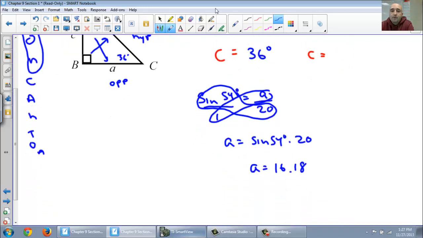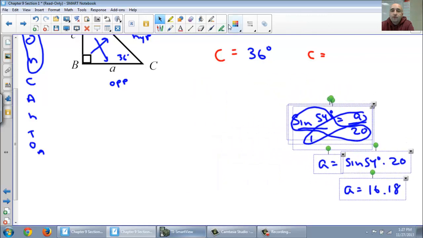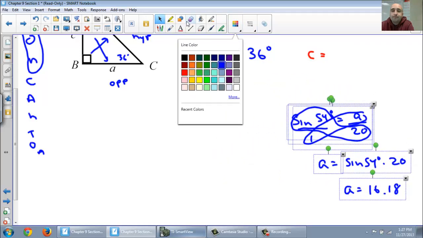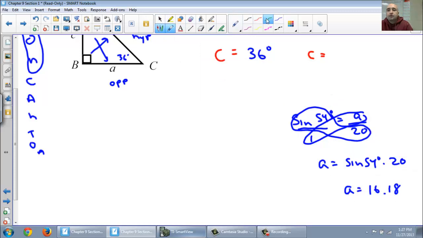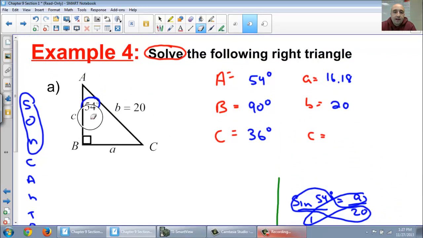Now I'm going to move this information over, and we're going to set it up for our other problem. I'm going to put a bar here. Once again, I'm going to erase everything that I have there. We're still going to use 54, but now we need to find little c.